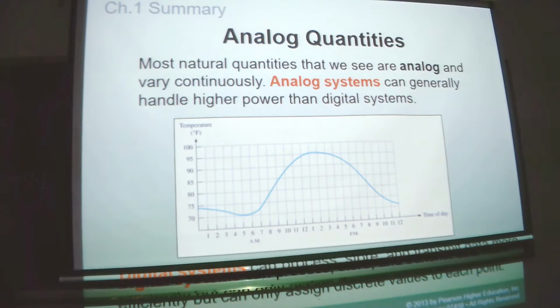If the value of the signal is discrete, such as 1, 2, 3, 4, and so on, the signal is a digital signal. Understand? Okay.